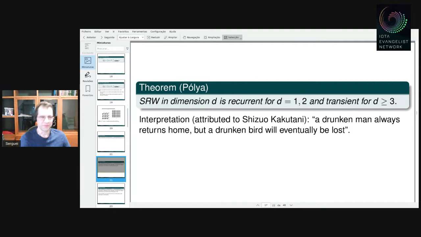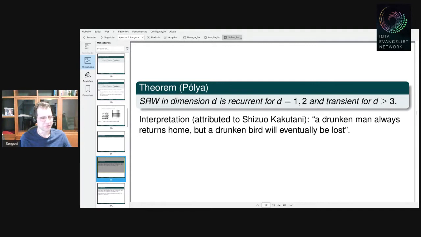There is a famous interpretation of this remarkable fact. It is attributed to a great mathematician, Shizuo Kakutani, who is well known for many great results, not only this one.